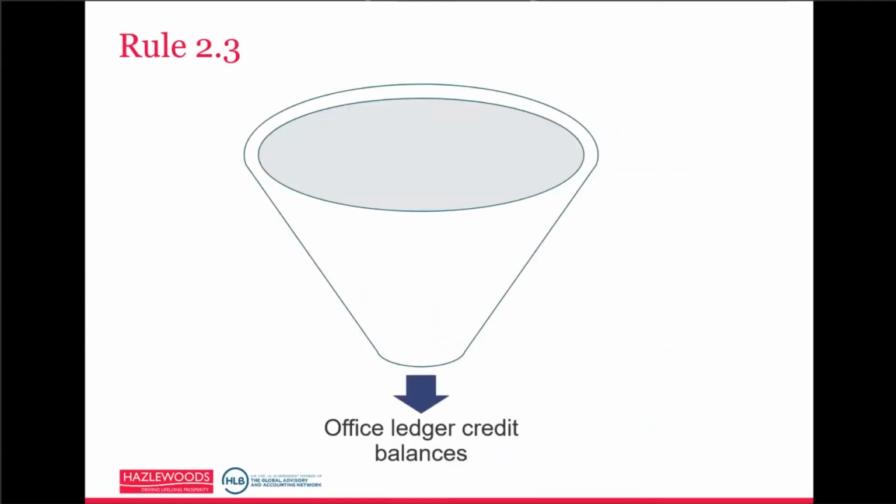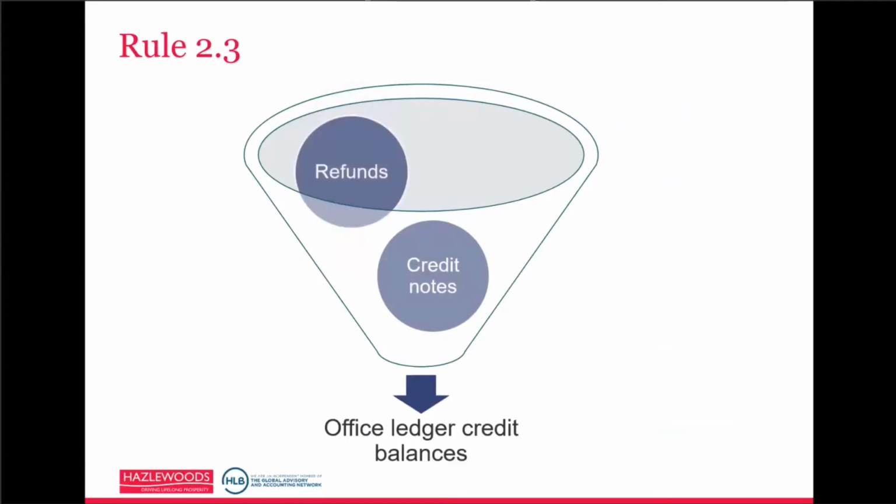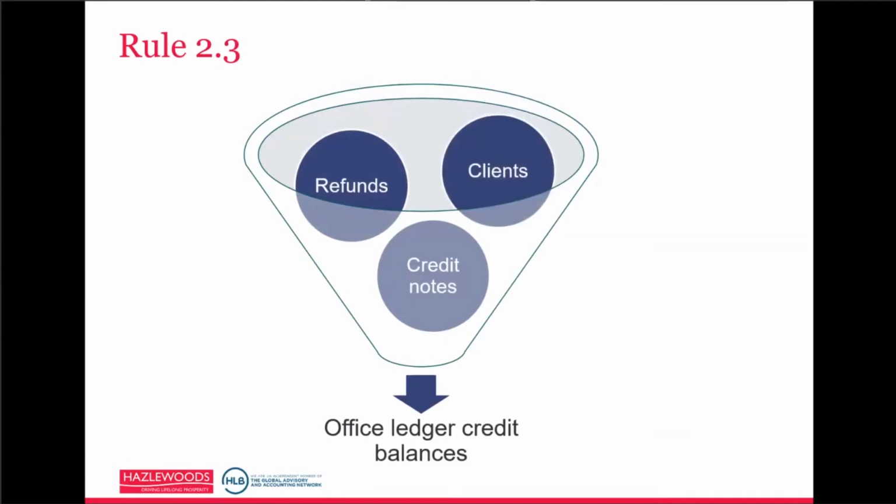The main causes that we tend to see for office credit ledger balances are credit notes being raised and reissued for a small amount, or the bills are not reissued at all. Refunds received, for example, directly from Land Registry. And clients, where clients pay directly into the office account rather than client in excess of the balance that's due.